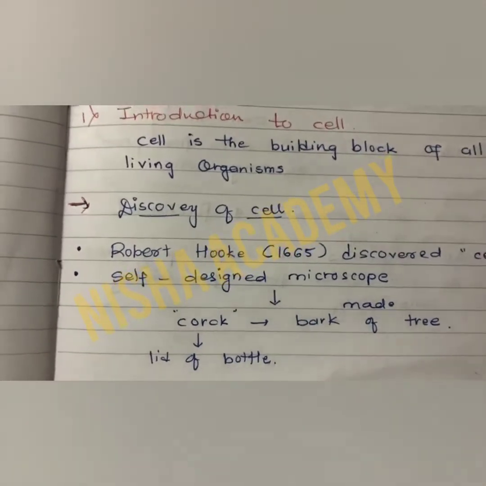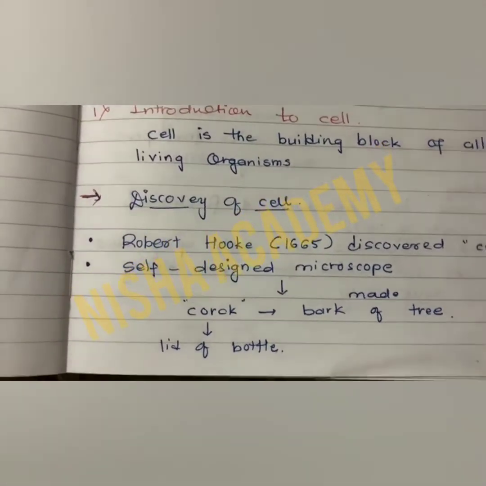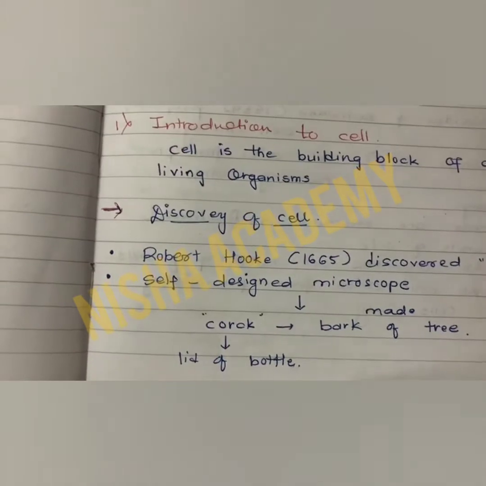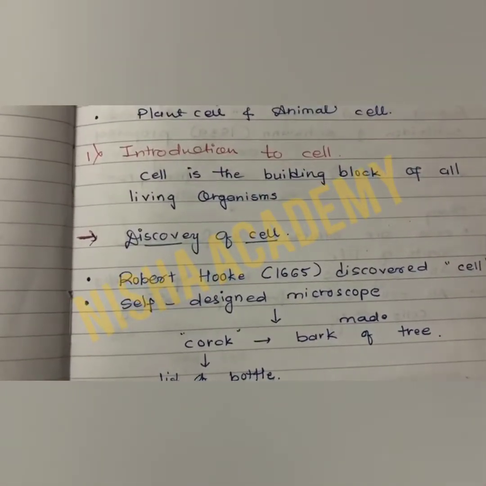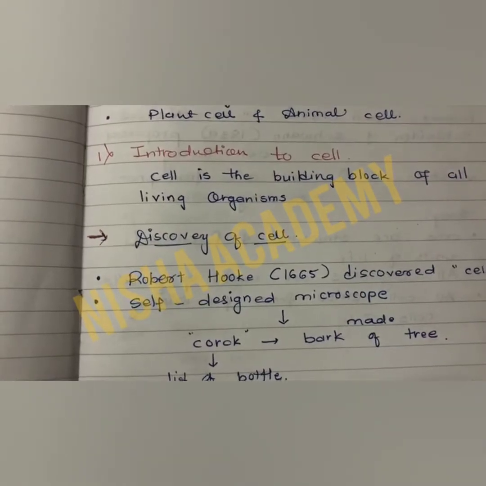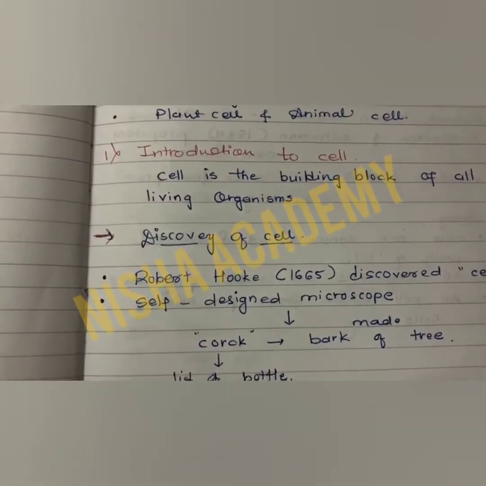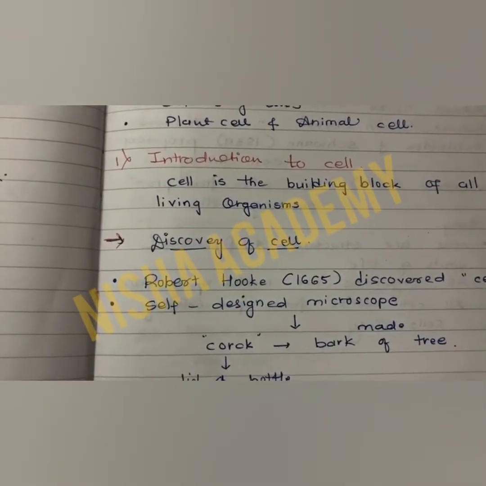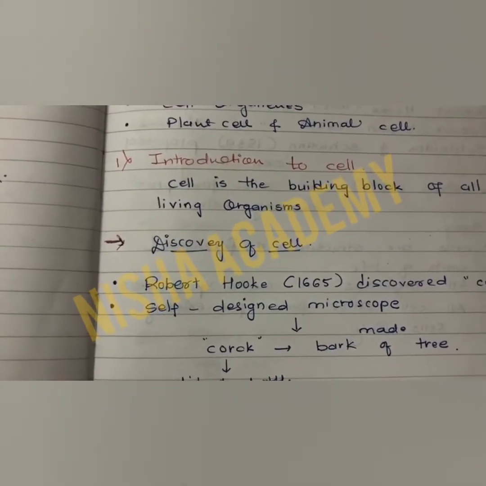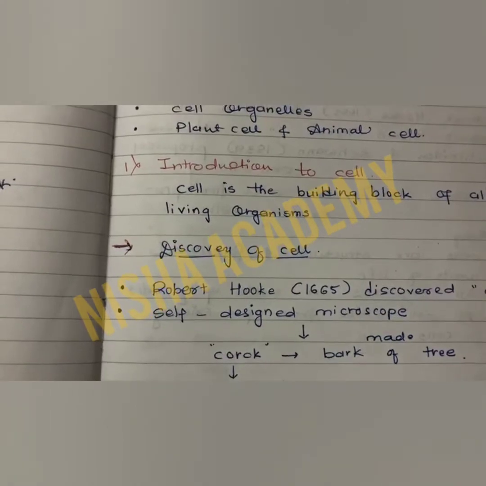He observed various objects. The king was interested in insect studies, but Hooke was very interested in this work, so he started studying different objects. Whatever object was around him, he started observing. Doing all this, once he took a cork.